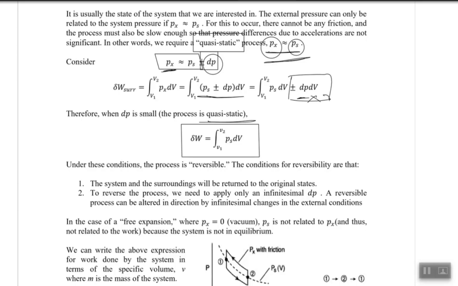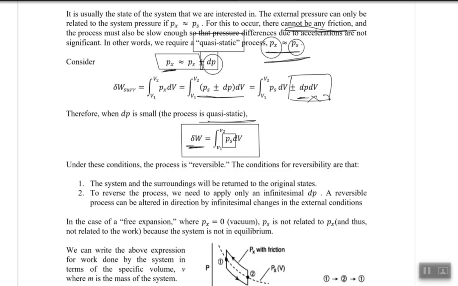in a simple way. Now what is this work done? This is the work done by the system on the surroundings, and that's what we were interested in. Now we did define two conditions in it. The process was frictionless and it was quasi-static.